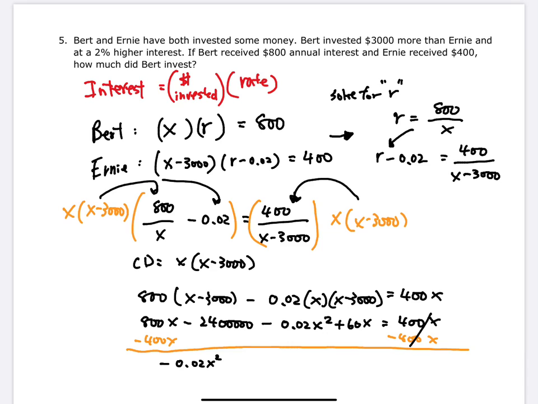You're going to get 800x minus 400x is 400x, and plus 60x, so there's a plus 460x, and minus 2,400,000 equals 0. Okay, now once we get to this part, I'm just gonna use the quadratic formula to figure this out, because I really don't expect you to do it with factoring or anything like that.